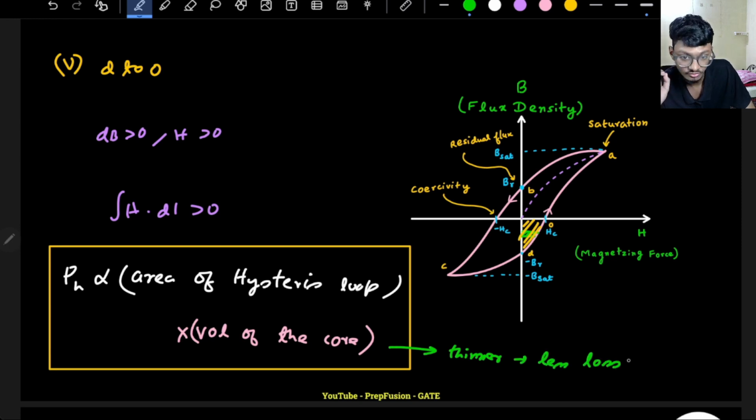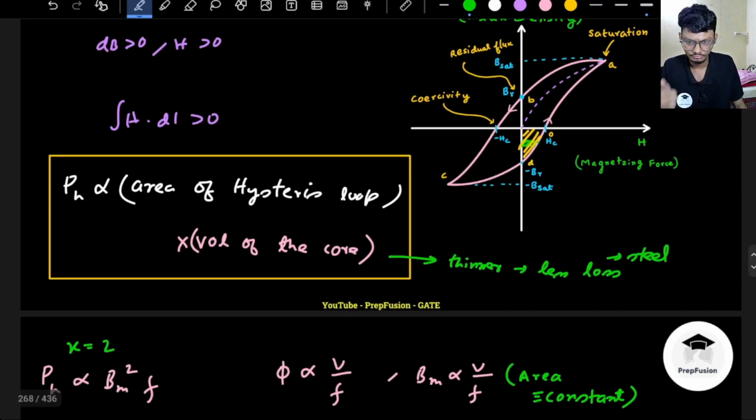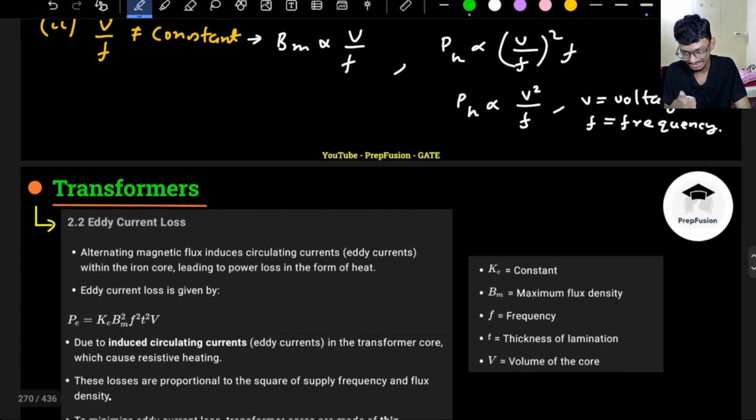This is actually one of the reasons we use steel, because steel can be made thin. The property of steel is that it is a very strong, rigid material even if it is thin. So that's why steel is used as the core material. Got it? So that was about the hysteresis loss.